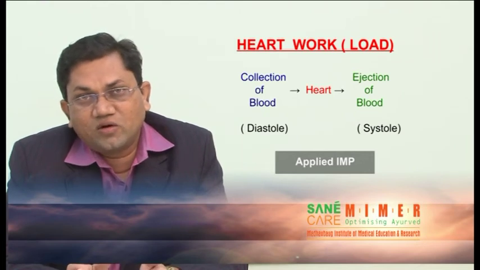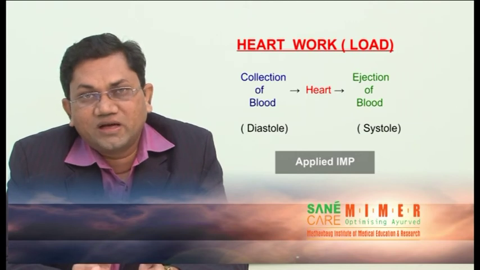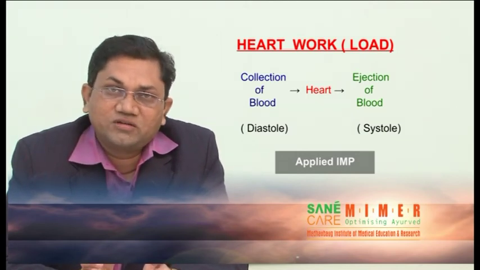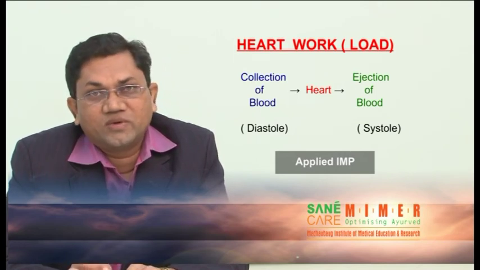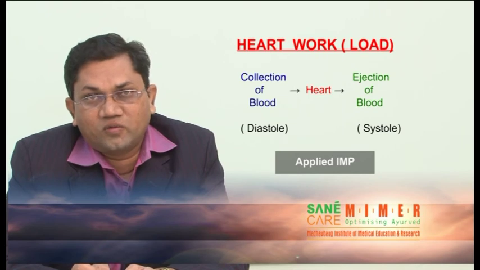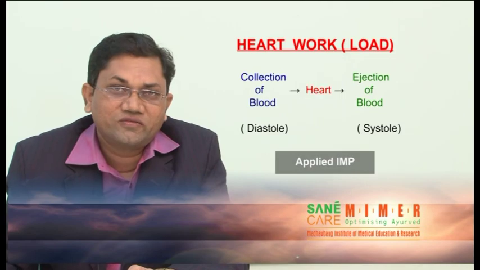There may be any cause by which the cardiac muscles don't get their 225 ml of blood supply, and that can also cause a reduced ejection fraction or cardiac output. We will see the details of that in our further lectures.